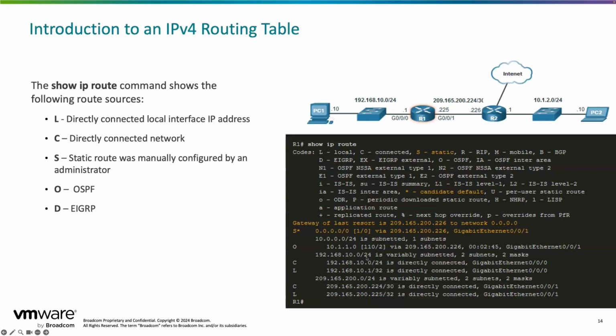You might have noticed that there are two numbers. The first number is the administrative distance. For OSPF, 110 is the OSPF administrative distance. For a static route it is always 1.